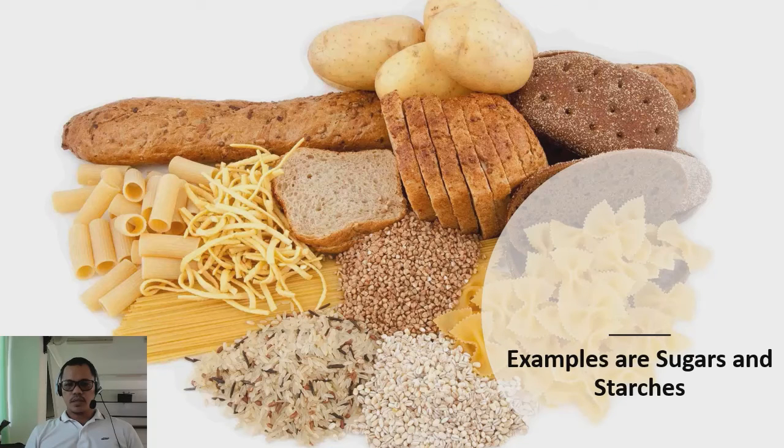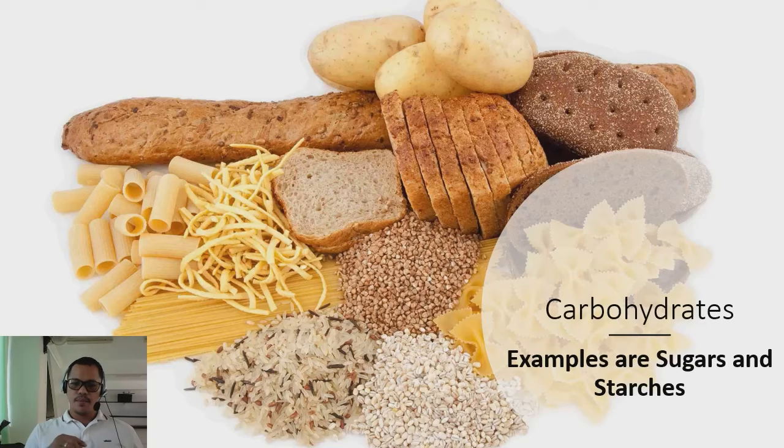So when we talk about carbohydrates, an example to this are starches and the different types of sugar. So we know that the different types of sugar include monosaccharides, disaccharides, and then polysaccharides and also oligosaccharides, which will be taken in the next topic of our presentation.